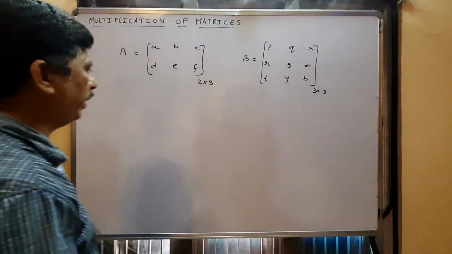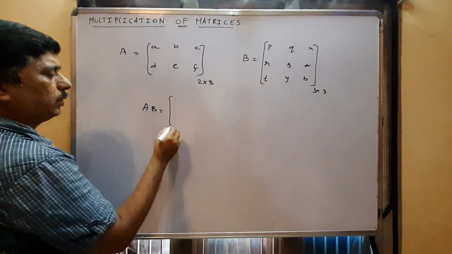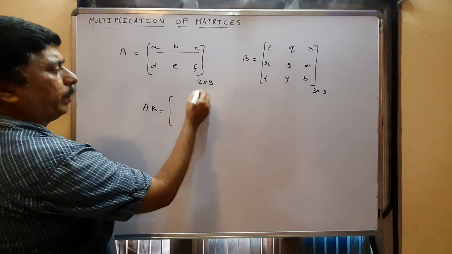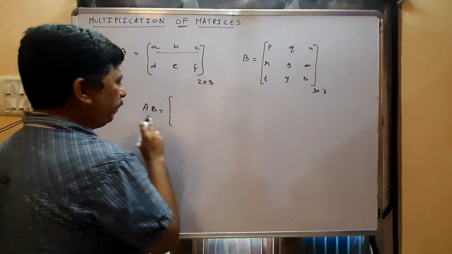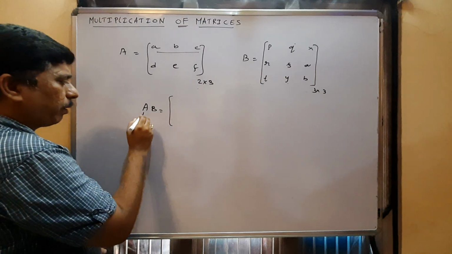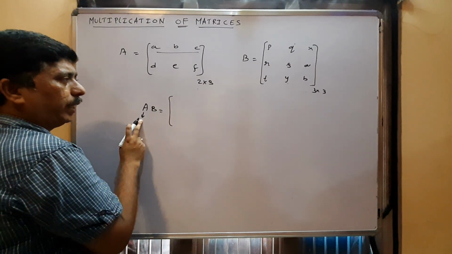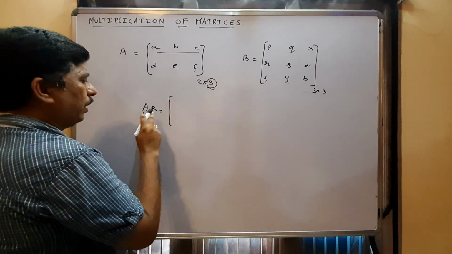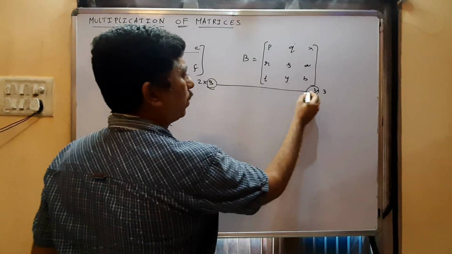Now you want to find AB, A into B. What is the order of A? 2 by 3. The order of B is 3 by 3. For AB to exist, the number of columns in the first matrix must equal the number of rows in the second matrix. The number of columns in A is 3 and the number of rows in B is 3. Both are equal.